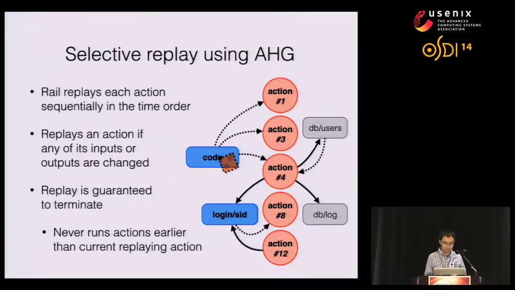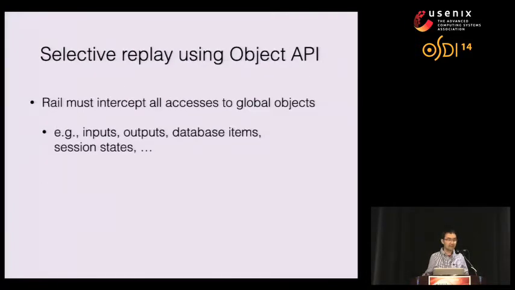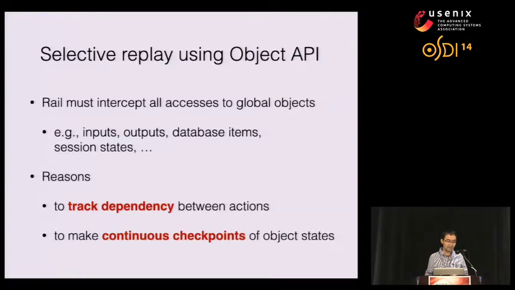In order to make selective replay work, Rail must intercept all accesses to global objects, which includes inputs, outputs, database items, and session states. It has to do so for two reasons. First, it must check the dependencies between actions. And second, it needs to make continuous checkpoints for all the object states.